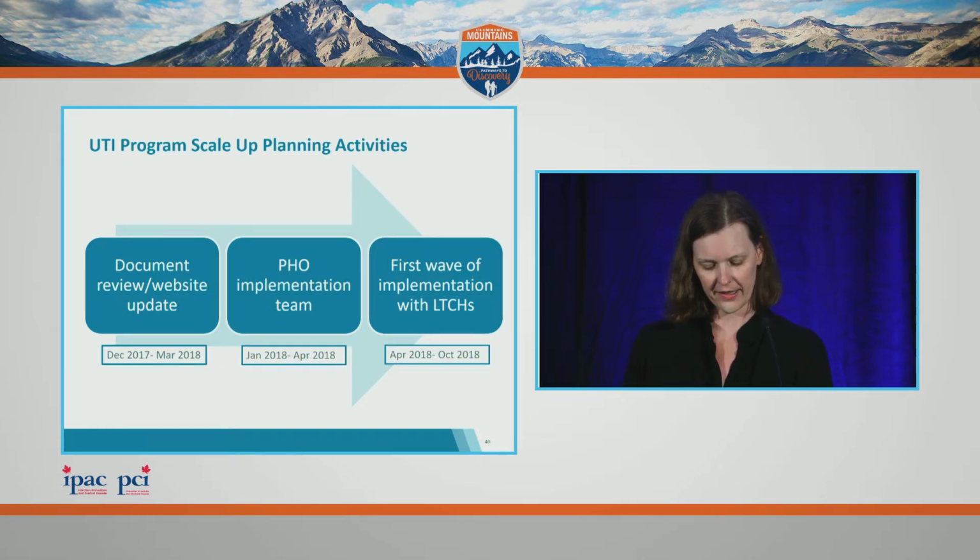This means we're hoping to support 25 to 50 long-term care homes from across the province, currently from May to October, to move this program into their homes. Our timelines included updating our resources and guidance document and assembling our own implementation team to prep for the logistics and the internal training we would need to support the homes as we go forward.